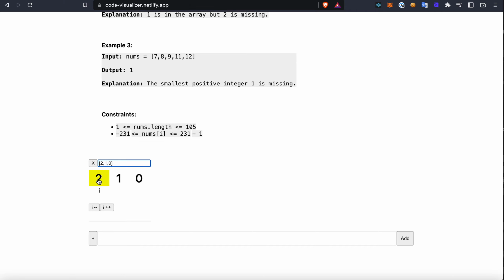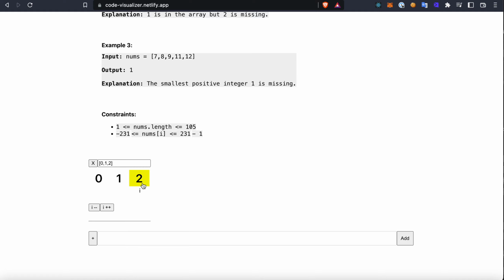Now we look at 2. Is it at the correct location? No, it should be at 2. So we swap those. And now we see that 0 is at its correct location. 0 is at 0, 1 is at 1, 2 is at 2. So that is how you do a cyclic sort.